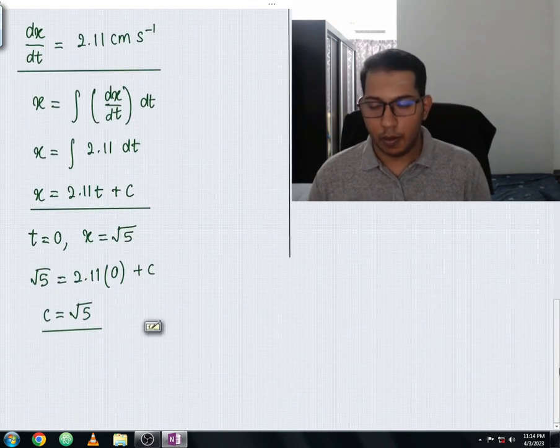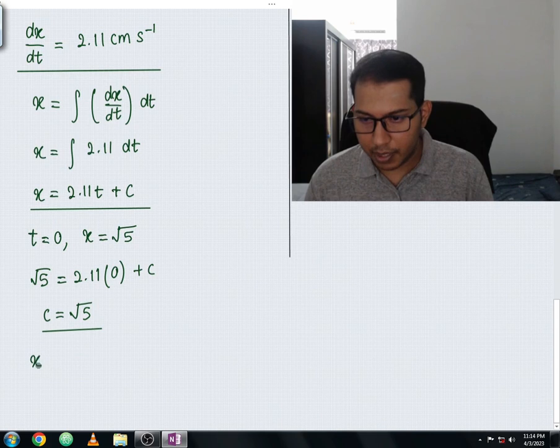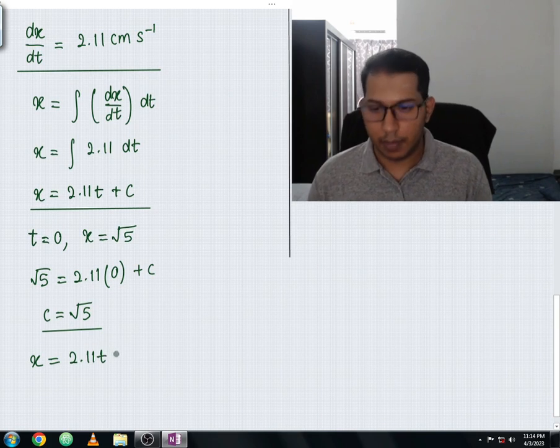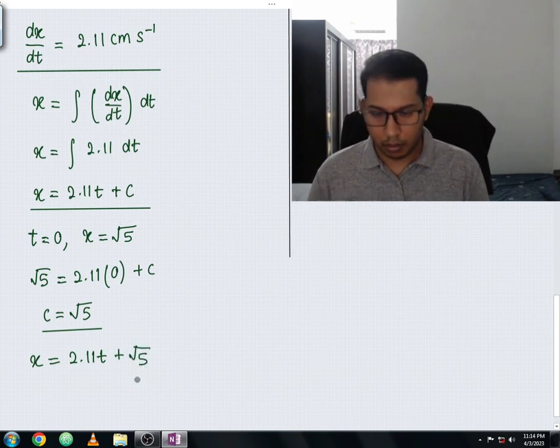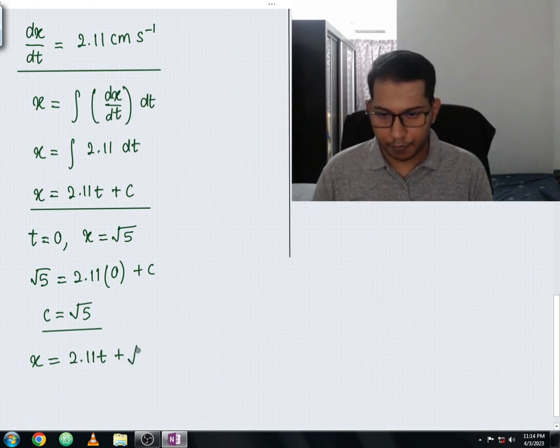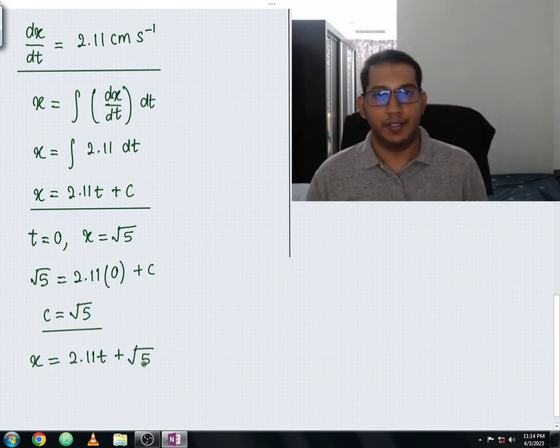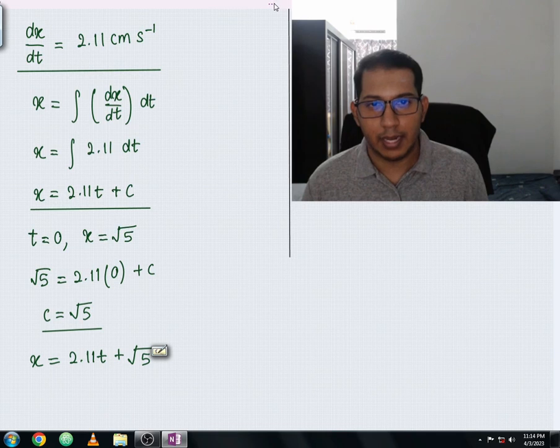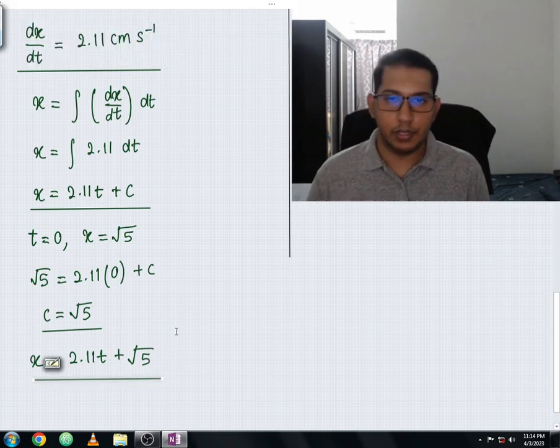Now we already formed the equation of x, which is x equals 2.11t plus root 5. Let me underline this, but this is not the final answer. We still have one more step left.